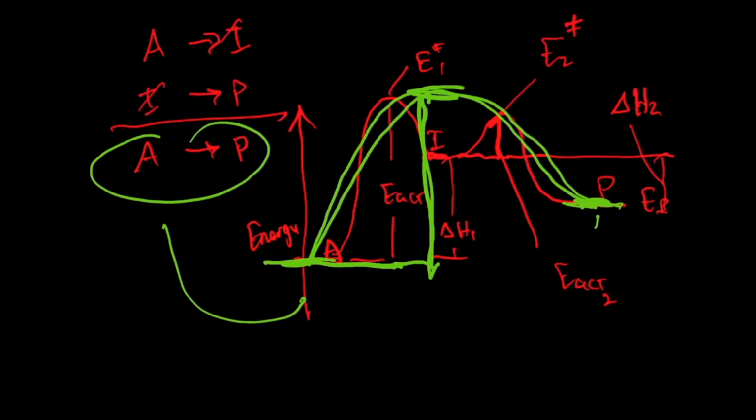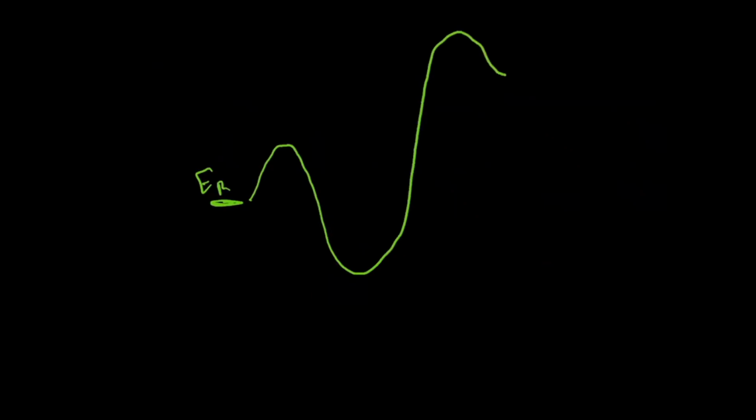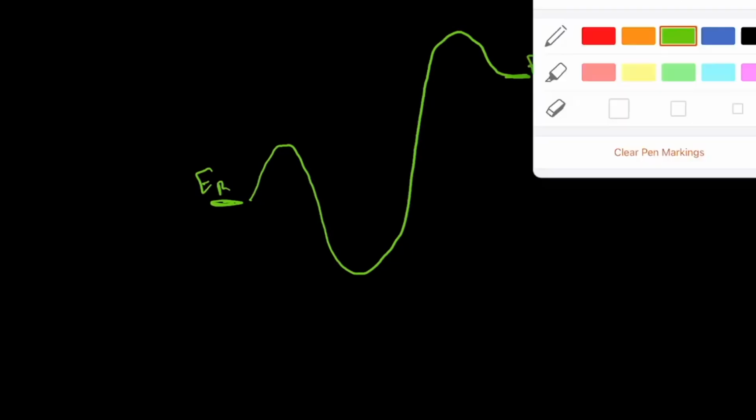And I can fool you and do this. Let me clear this for you. So here's your energy of the reactant, and this is the energy of the product. If I ask you what's the activation energy overall, a lot of students will do this. Don't.